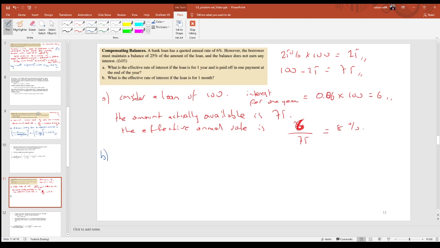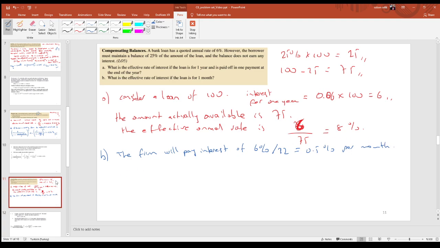What is the effective rate of interest if the loan is for 1 month? So for this, the firm will pay interest of 6% divided by 12, which is 1.5% per month.